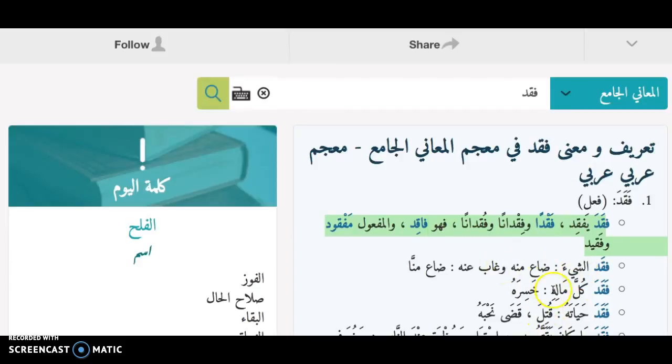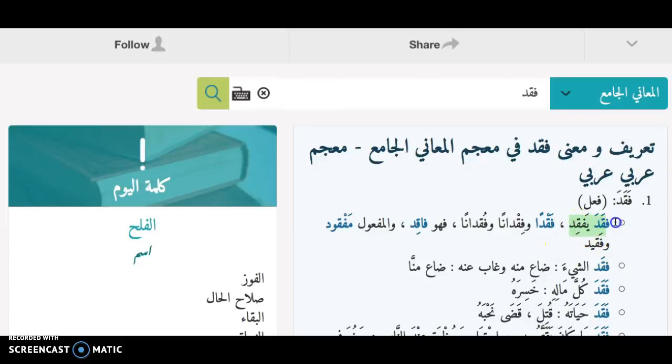The rest is meanings. The second line is a meaning, and then another meaning, and so forth. But the first line, I think, is exactly what you were looking for: how to find the forms of the word.